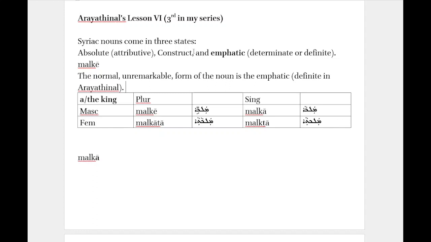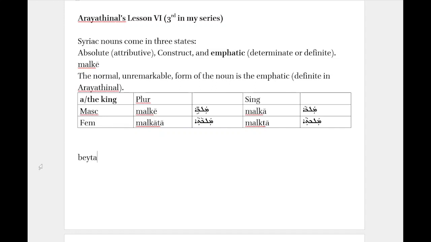Absolute and construct is a short form, and it's used in the construct to say something like, for instance, we have the word house, which is beit in its construct or absolute form, but we usually say it as beita, a house.